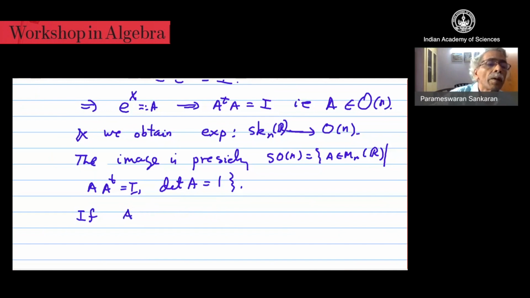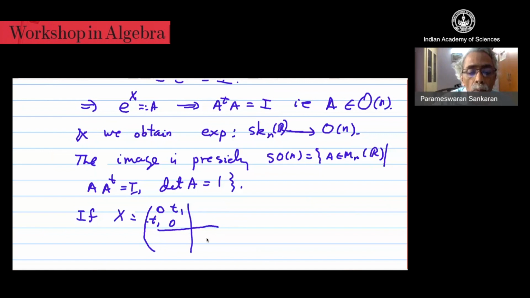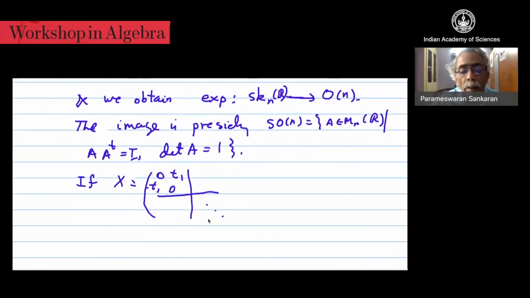If I just take, instead of this orthogonal matrix, X equal to these type of 2 by 2 blocks, 0 t1, minus t1 0, and so on, all the way to a final 2 by 2 block.